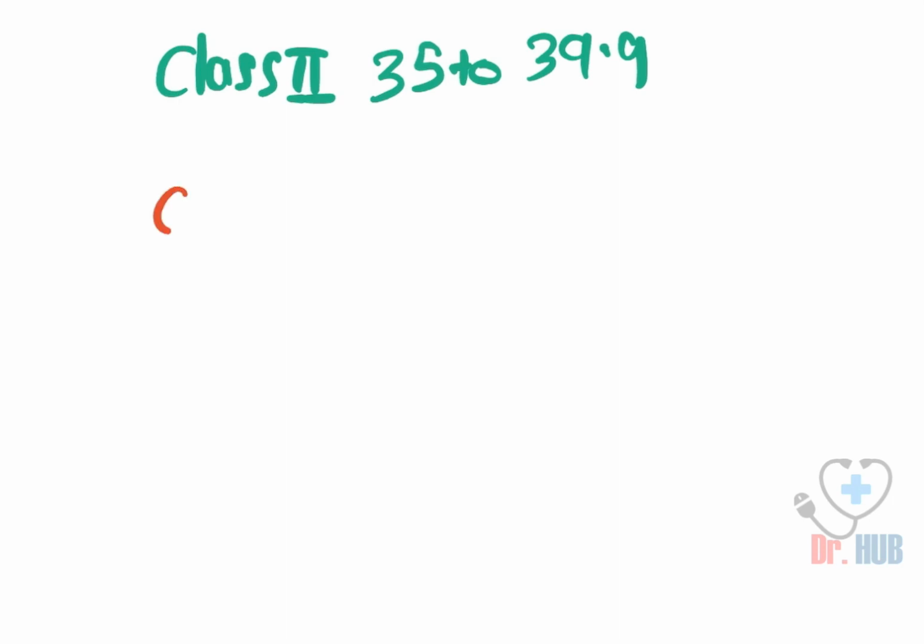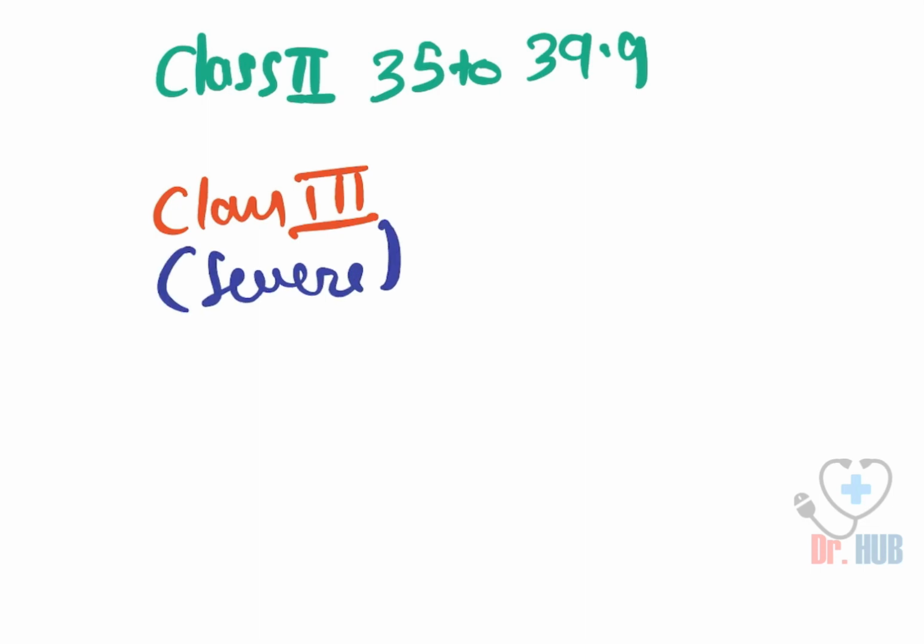Then we look at class 3, which is the highest. It is severe or extreme, and this has a BMI of greater than or equal to 40. So this is about the global population.